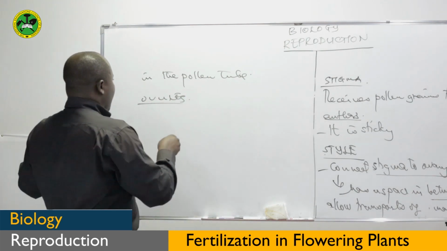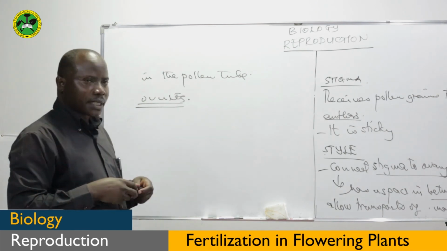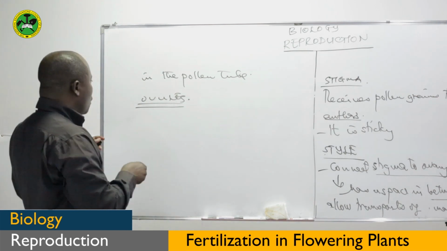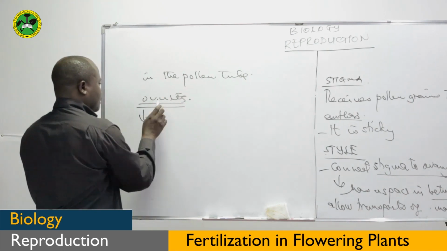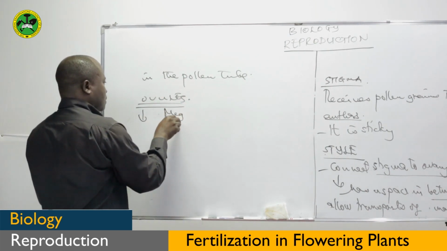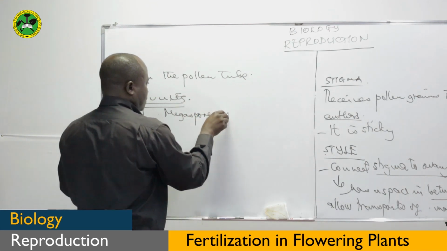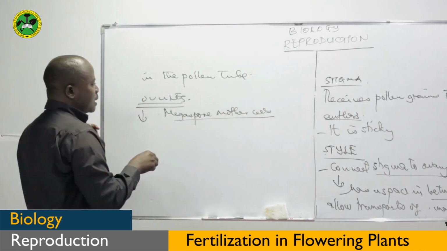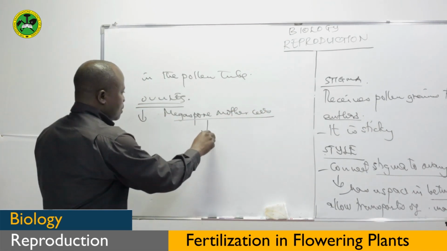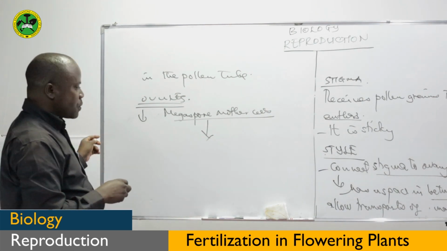The ovules are structures in the female reproductive system. The ovule contains the megaspore mother cell. These give rise to female reproductive cells upon the process of meiosis.